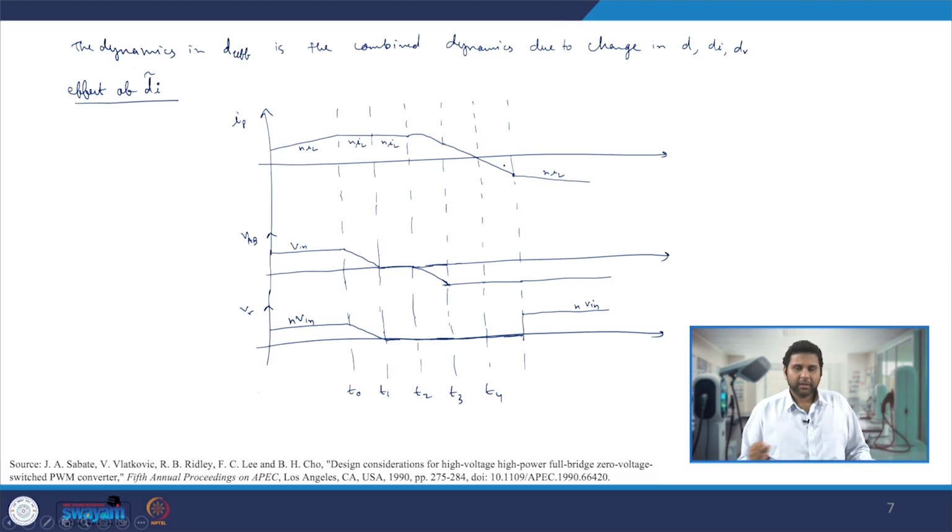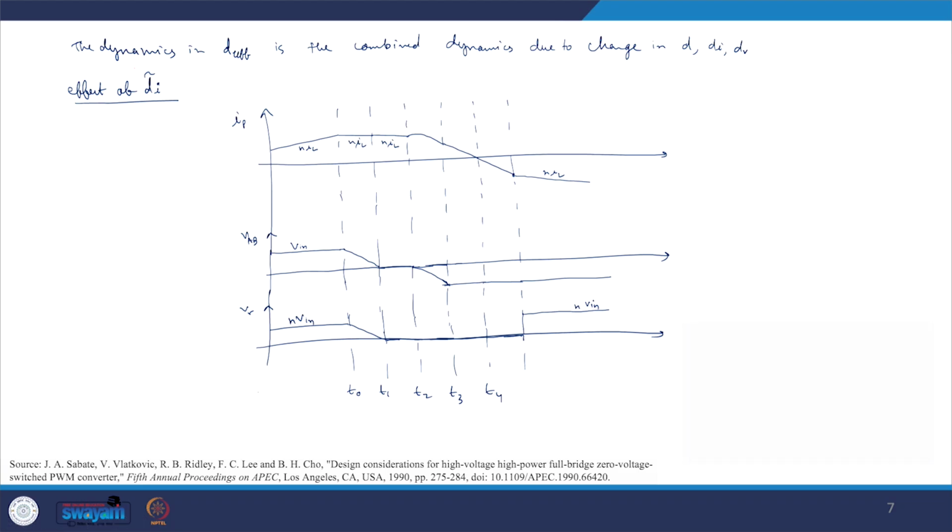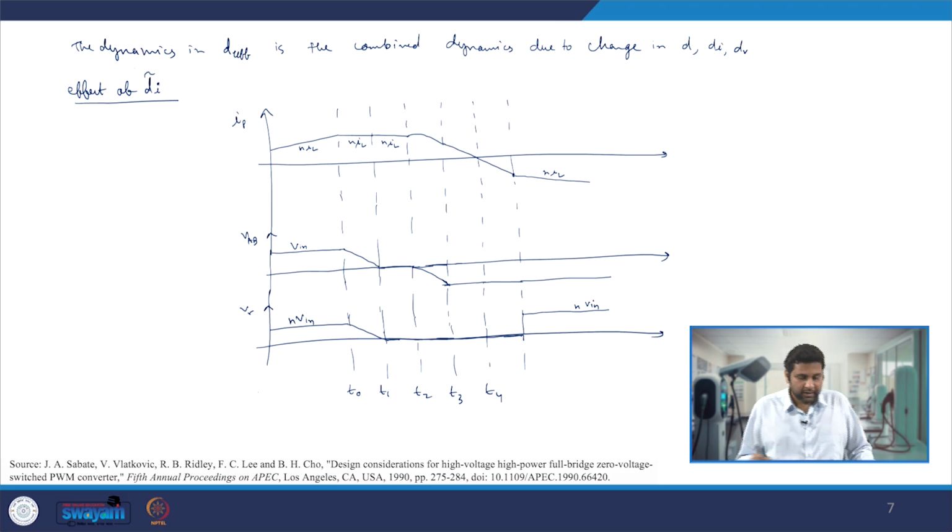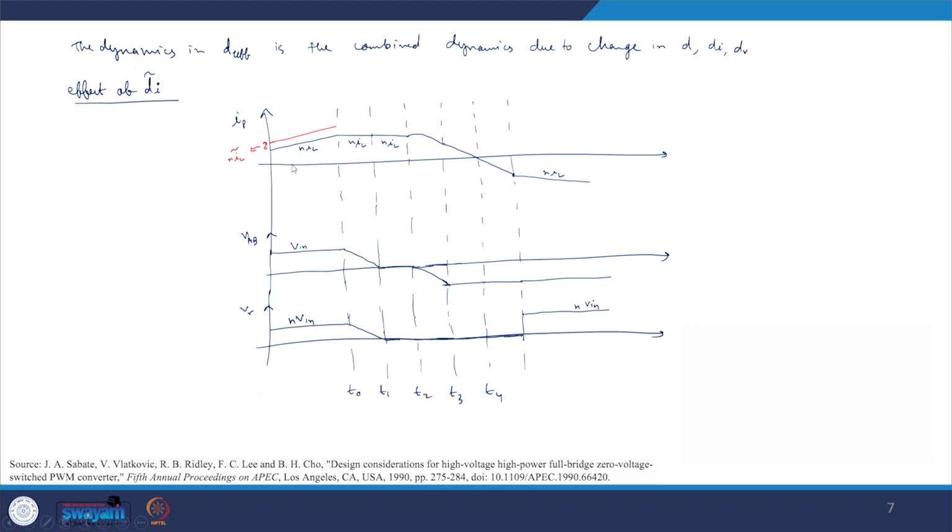However, in this part it is not the reflected part of NIL what we have. So now what we can see is that if there is a fixed change in the inductor current, we will have a fixed NIL change we have incorporated here. Then we can have something like this here.